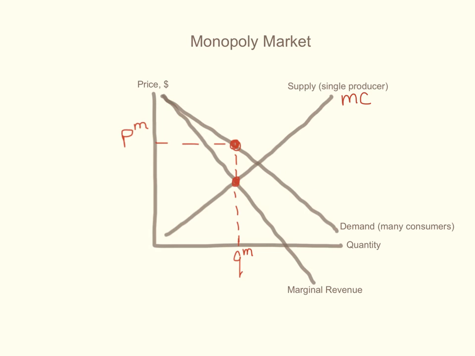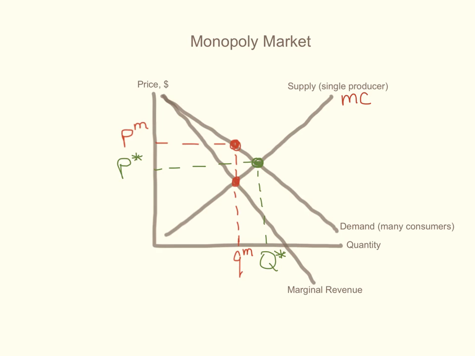So the equilibrium price would be where supply equals demand right here. And this would be P star, the market price. And at P star, we would have Q star number of economic transactions.